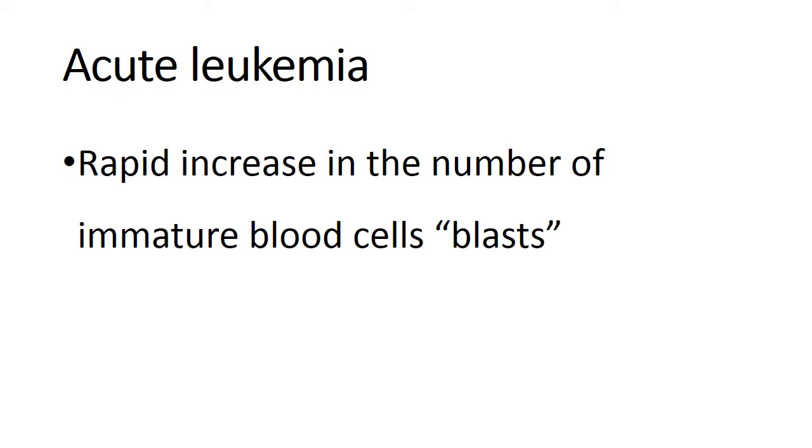Then the immature blood cells will infiltrate the peripheral blood and appear in the blood film. Acute leukemia is diagnosed by the presence of blast cells in the bone marrow or peripheral blood in a percent of 20% or more.